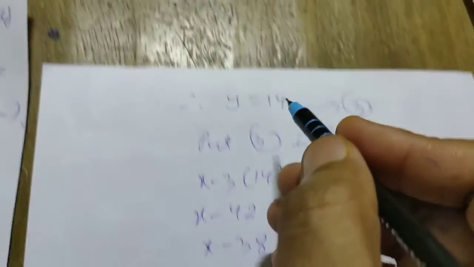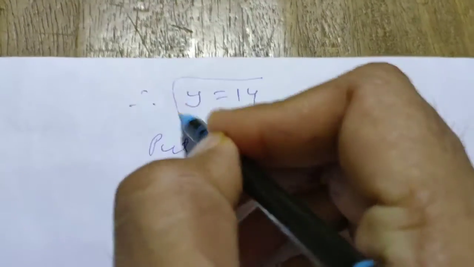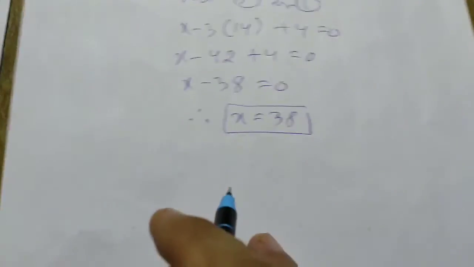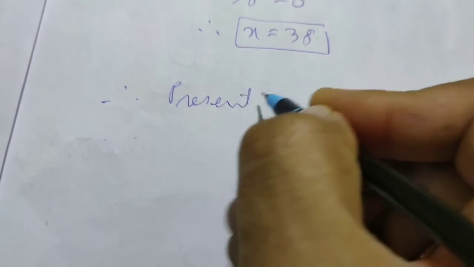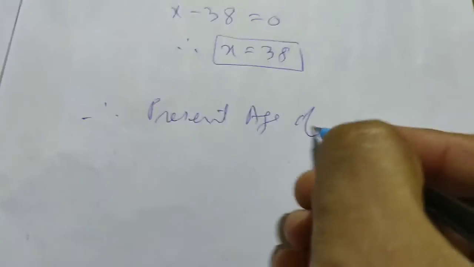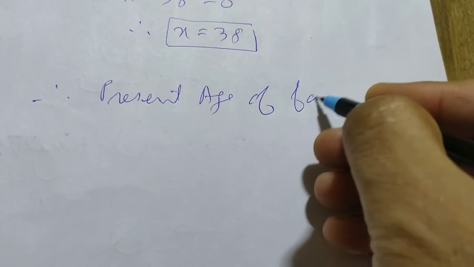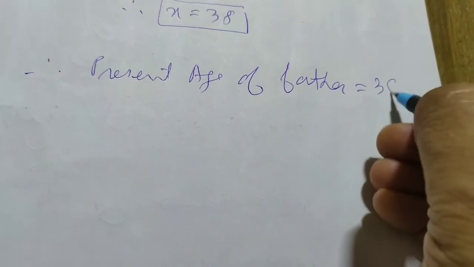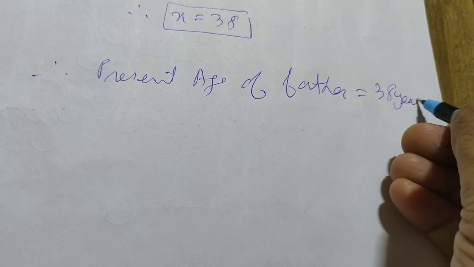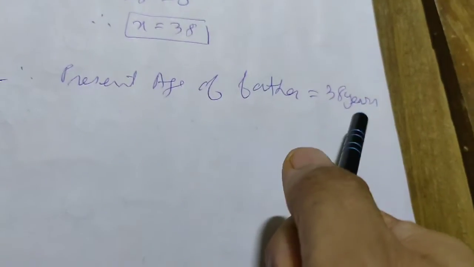Therefore from here, earlier we got y equal to 14. So present age of father equal to how many years? Present age of father is 38 years, and as I told you earlier also, do write the unit. So 38 years.